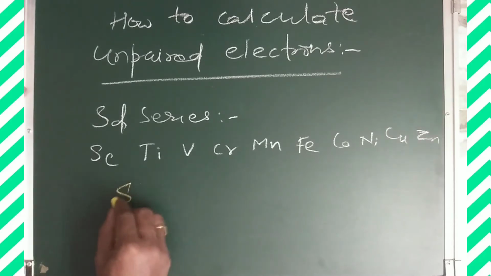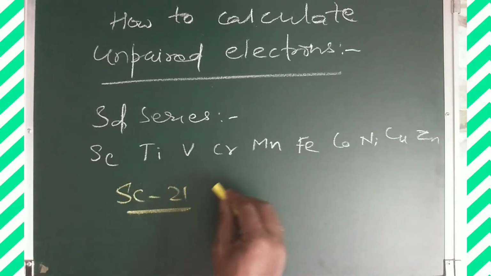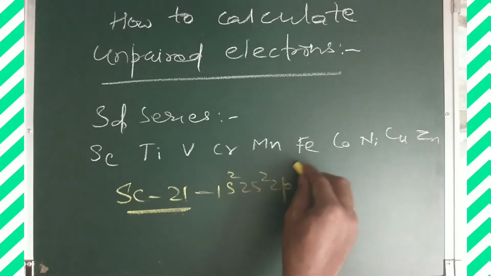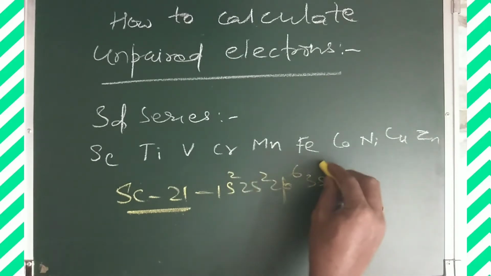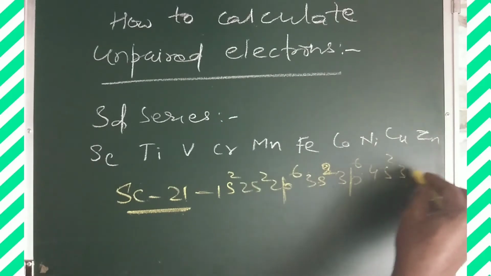Like scandium, the atomic number of scandium is 21. So its configuration is 1s2, 2s2, 2p6, 3s2, 3p6, 4s2, 3d1.